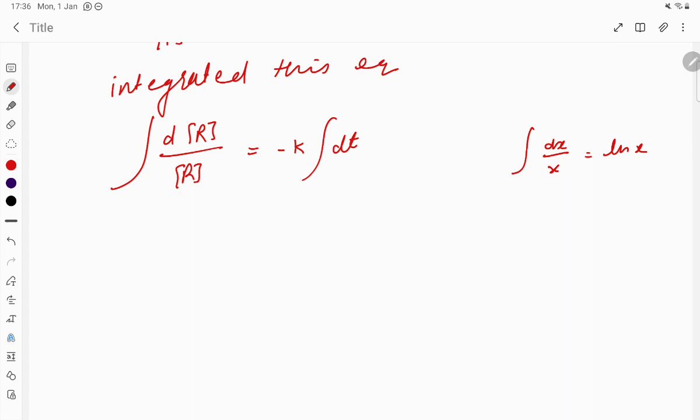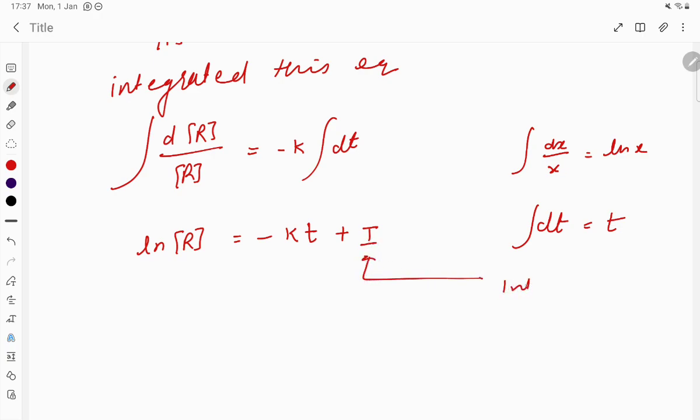This is the rule. So here we write ln R is equal to minus k, and the integral of dt is t, so minus kt plus I, where I is the integration constant.